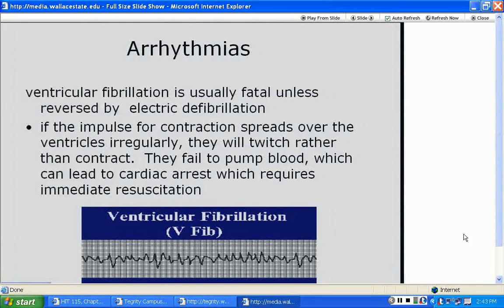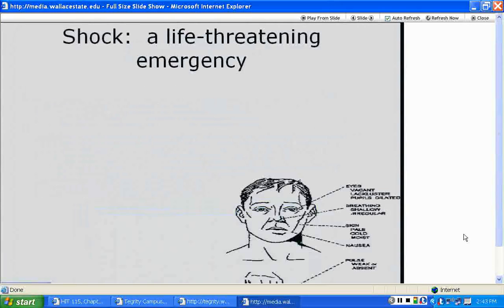Ventricular fibrillation is going to be fatal unless it is reversed. It can result in cardiac arrest and death. Okay, so I'm not asking you to know about all the different types of arrhythmias, just the ones that I've highlighted here on the slides.